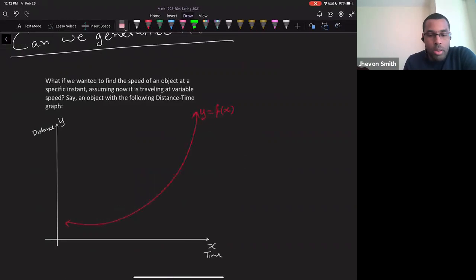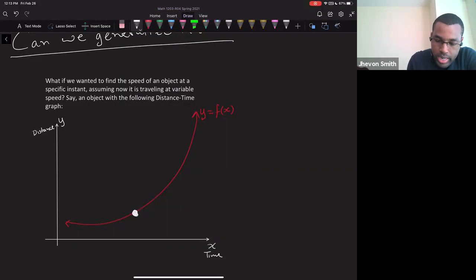So now I just want to talk about some random thing that I want to know how fast it's moving. And let's say I can actually track it by some axes. So here again, y is the distance, x is the time. But now the function is some random curve. And again, not super complicated, I just made a very smooth changing curve here. So what if we wanted to find the speed of an object at a specific instant?